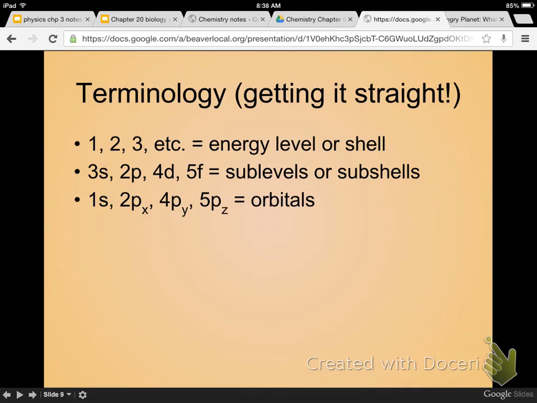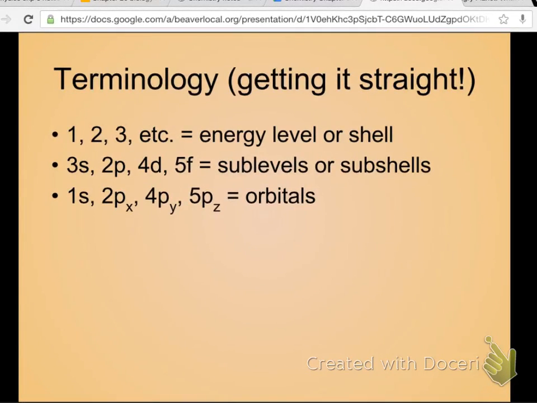Now, the other thing that I want to just refresh on, and I know you all know it, is some terminology. If we're talking about 1, 2, 3, 4, 5, 6, 7, that's n equals 1, n equals 2. These are main energy levels. So you have that from last chapter. If we're talking about a 3s, or a 5d, or a 4p, that's a subshell.